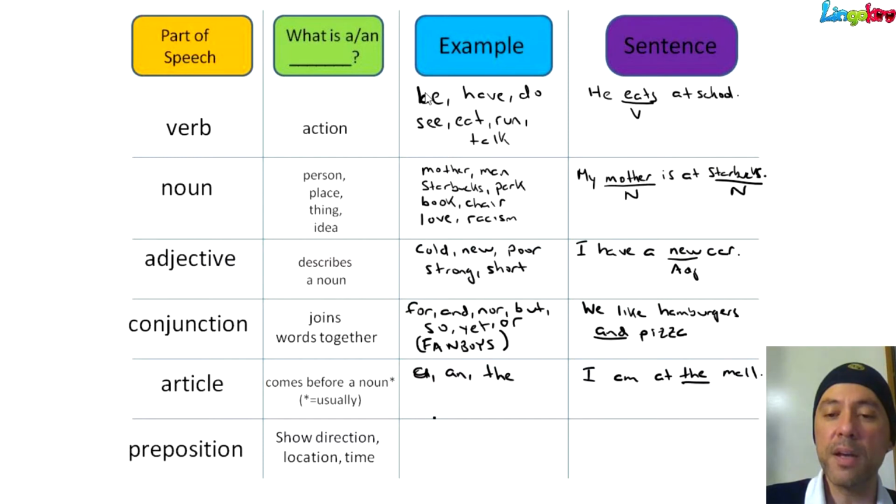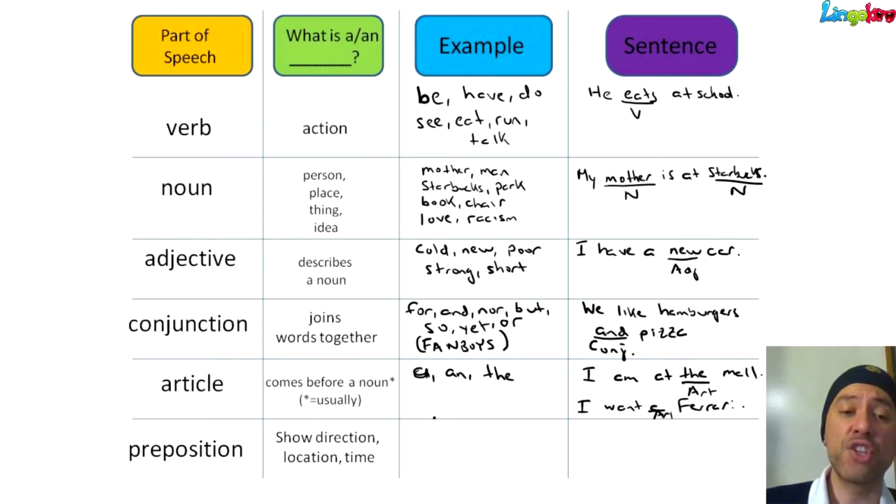The is the article. Or I could even write, I want a Ferrari. So here, the article is a. Okay, and I'll write it right here, article. And I forgot to write here and. Let me finish this one. Conjunction. All right? Okay, so we've looked at verbs, nouns, adjectives, conjunctions, and articles.